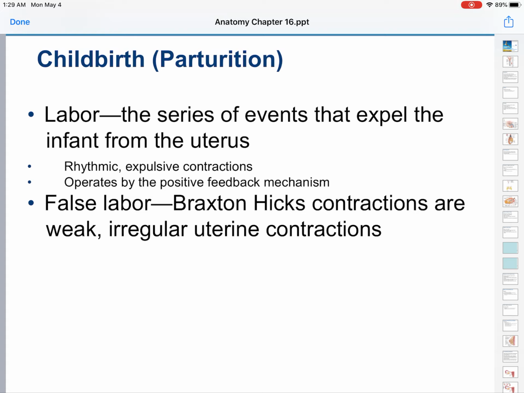Finally, eventually, it's time to get rid of the little demon spawn inside of your body. We call this childbirth. Once it is time to give birth, you go into labor, a series of events that will eventually expel the infant from the uterus.